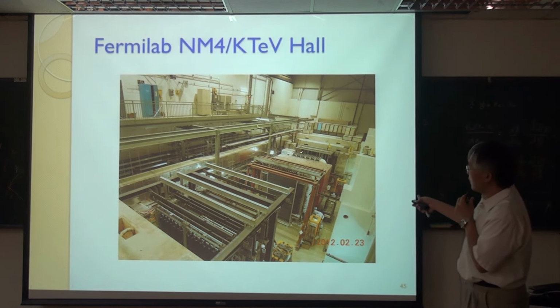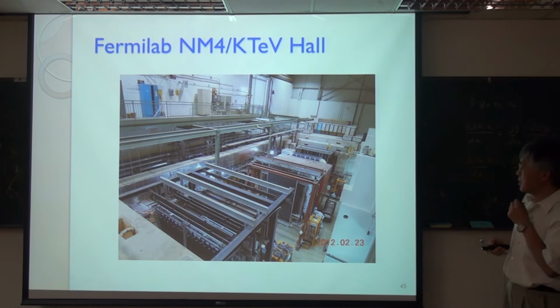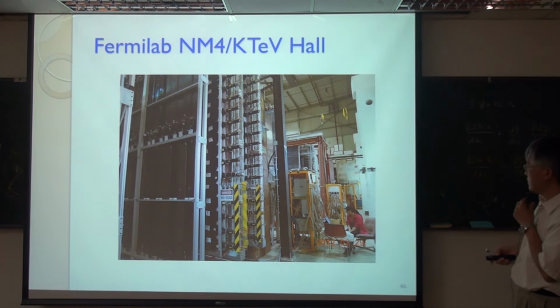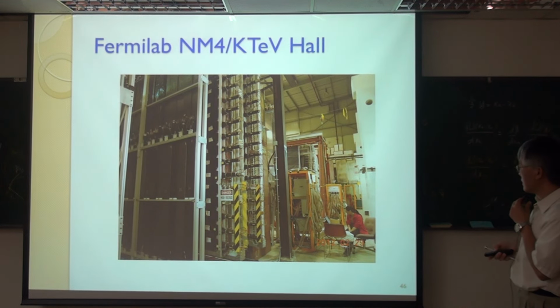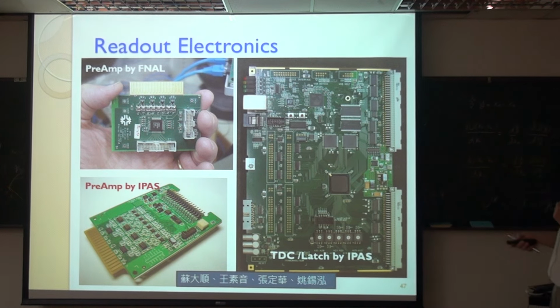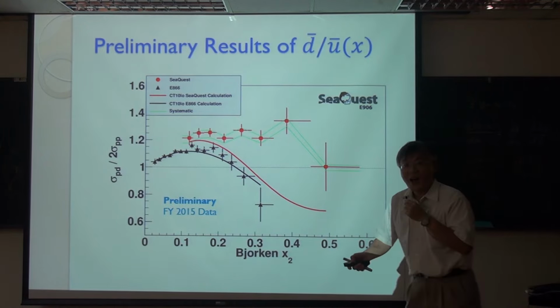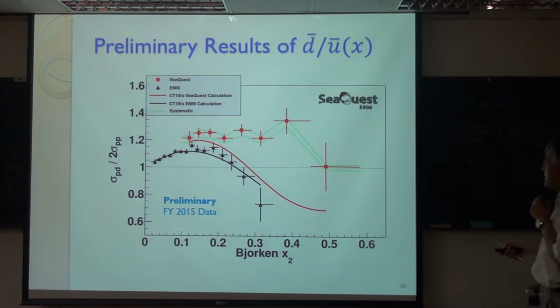Then we detect the outgoing leptons, the muon pair, with various spectrometers, and hodoscopes work as trigger devices. We prepared most of this readout with the Academia Sinica group. I apologize to those of you who have already seen these things.